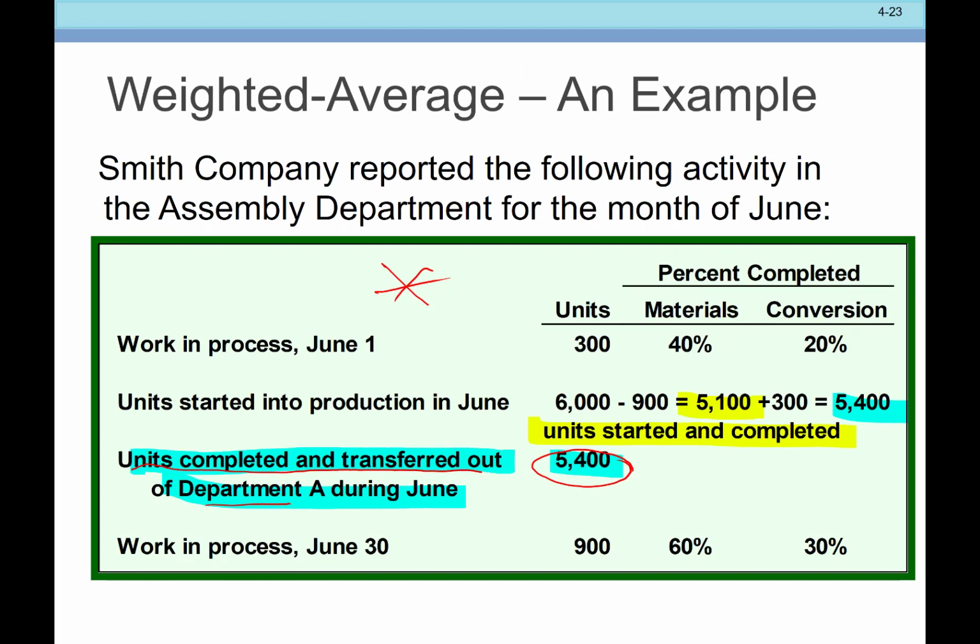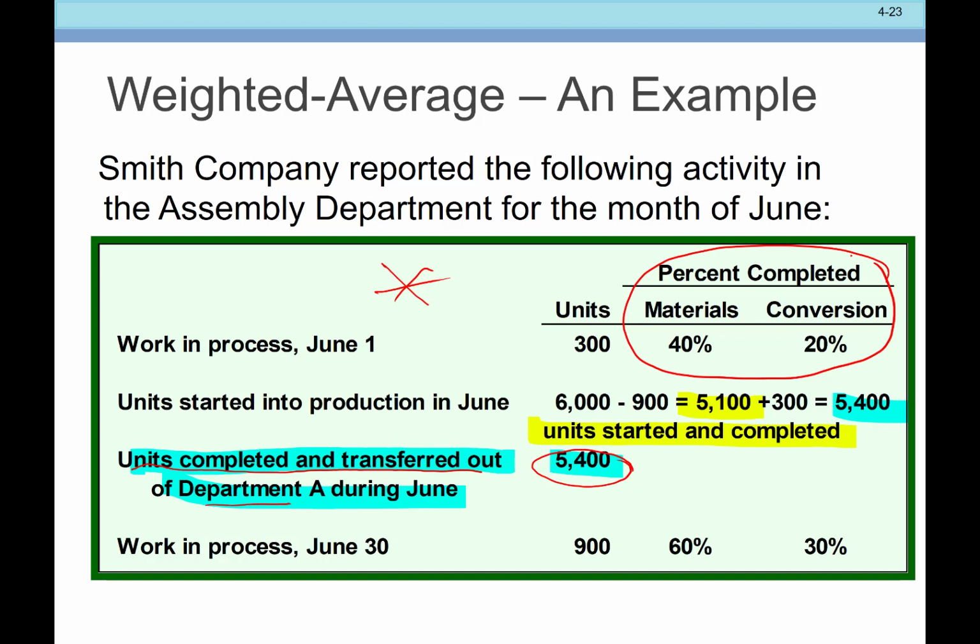We've got this example in which they tell us that they had 300 units work in progress, and problems will often give you the percentage that they were done at the end of the year in these weighted average process costing questions.